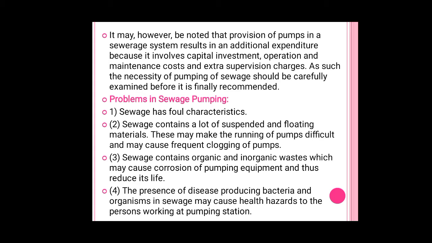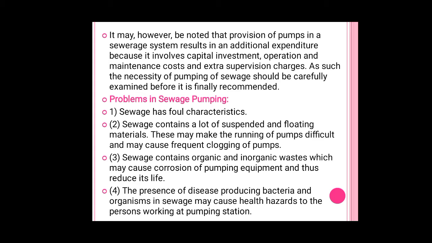Then the next concept is the problems in sewage pumping. For this sewage pumping station, some problems are to be considered. The first one is that sewage has a varying character. Second, the sewage contains a lot of suspended and floating material.